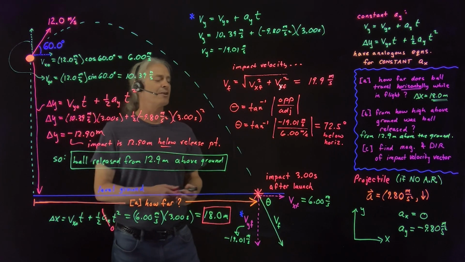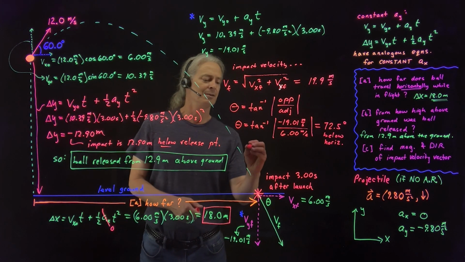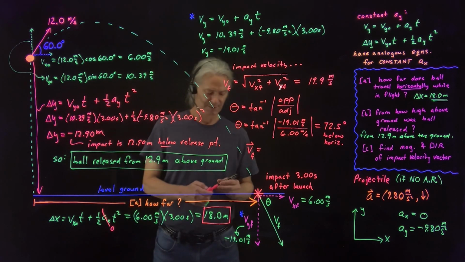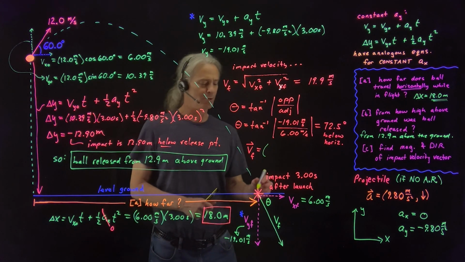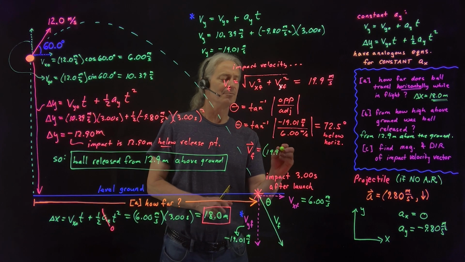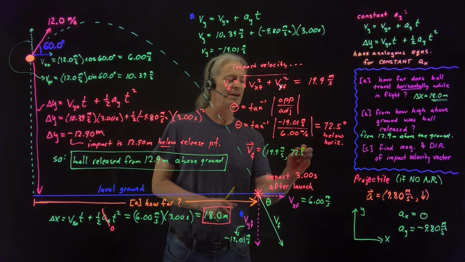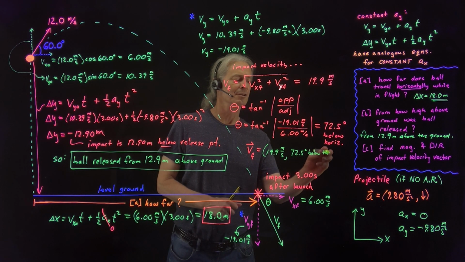Okay, so we can now finally express our impact velocity vector, v final vector, in terms of a magnitude and direction. Let's do that. I'll change the pen color. That will be 19.9 meters per second in the direction 72.5 degrees below the horizontal.